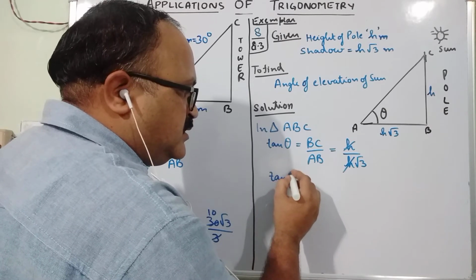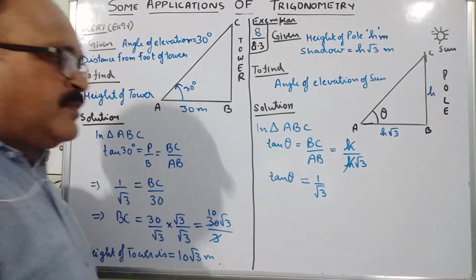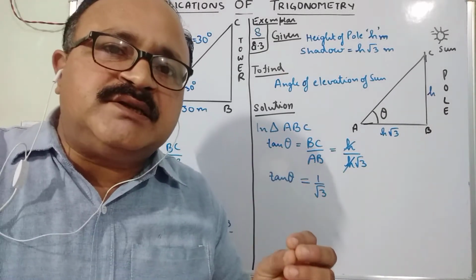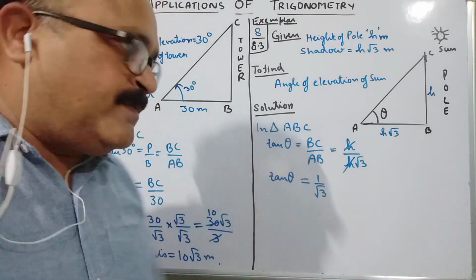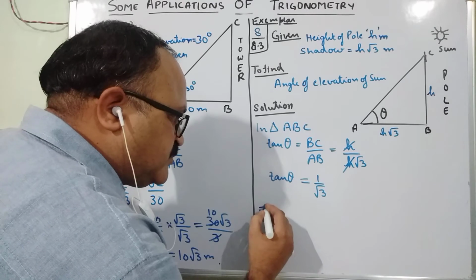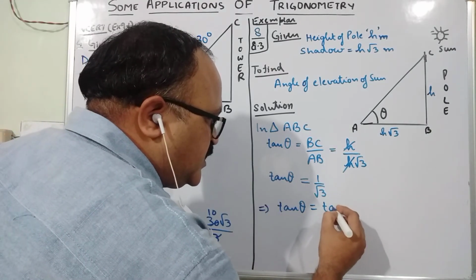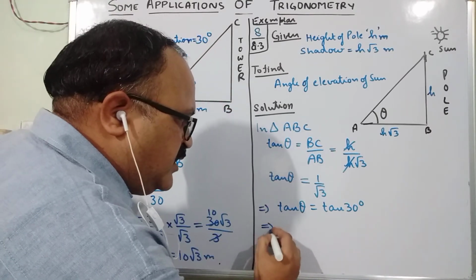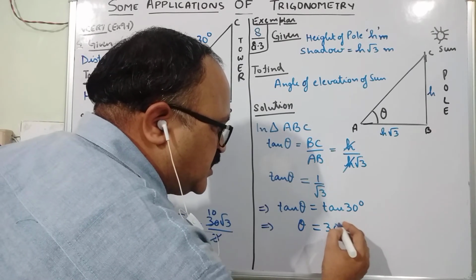Tan theta equals 1 upon root 3. We are aware that the value of tan theta is 1 upon root 3 for the angle 30 degrees. So we will simply put tan theta equals tan 30 degrees, and this can be written as theta equals 30 degrees.